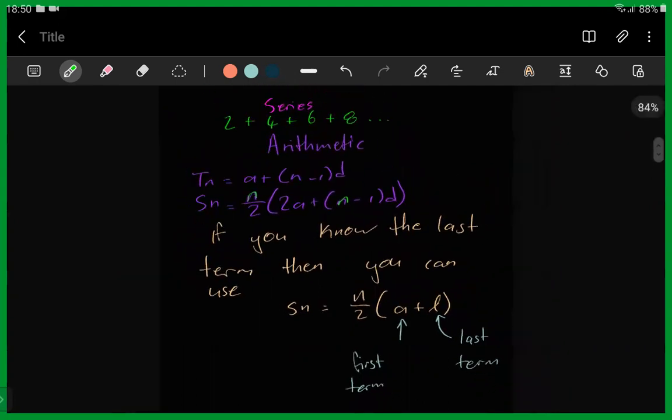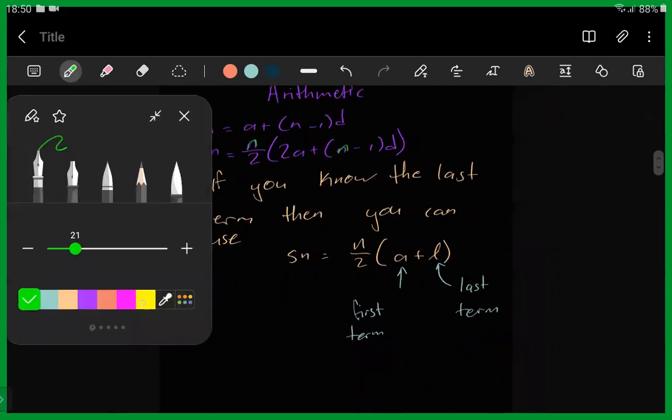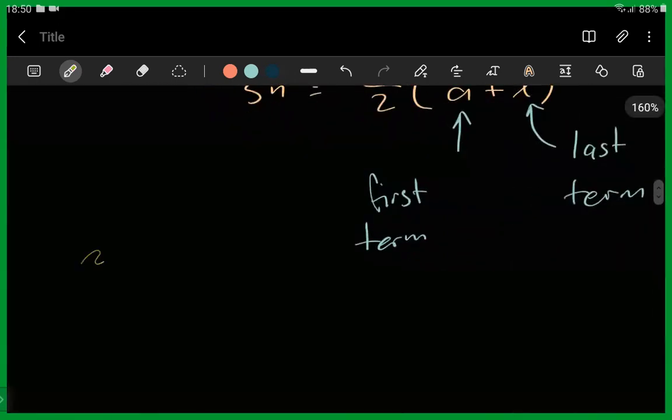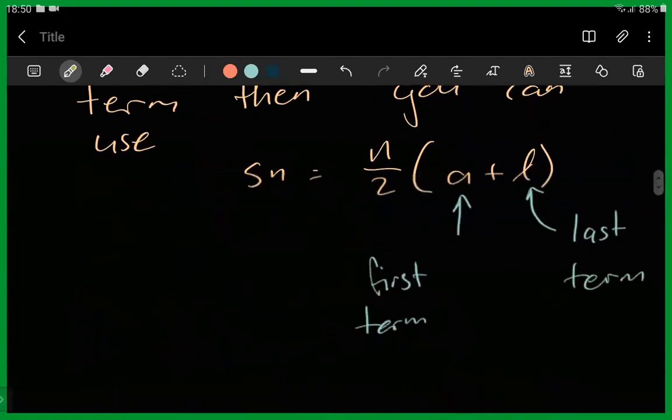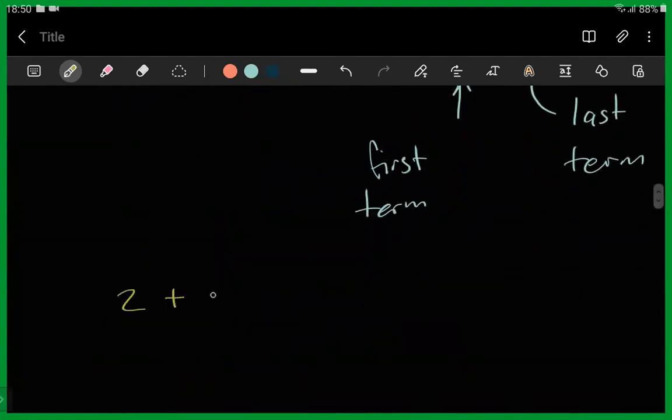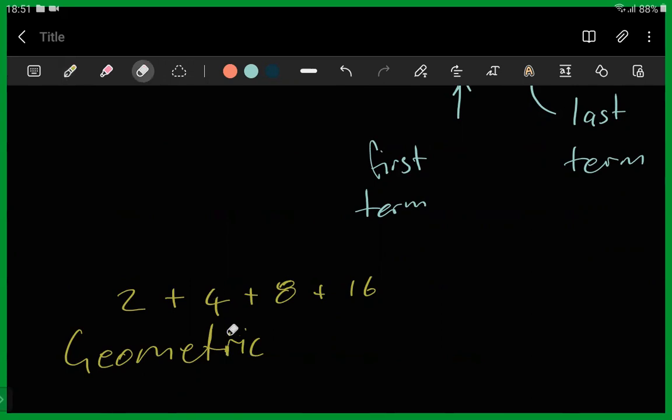If it's a geometric series, it has its own formulas also, as you already know. Here we're just adding 2 all the time. But the moment I have 2 plus 4 plus 8 plus 16, I now have a geometric series. It's geometric because we have a common ratio: 8 divided by 4 is 2, 16 divided by 8 is also 2.